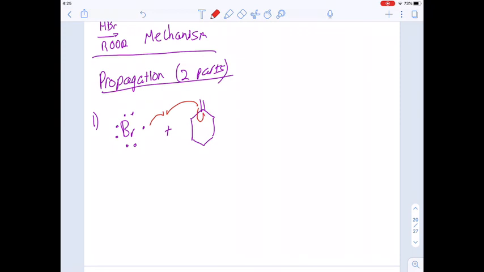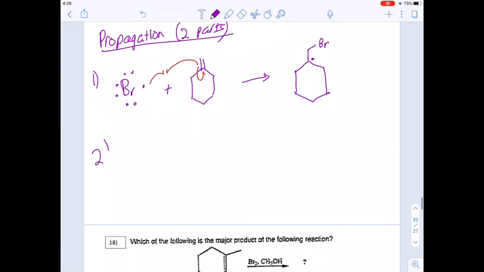In this case, we'll use the same example from our problem. What's going to happen is one electron from the double bond is going to form the bond with Br, and then one electron from the double bond is going to stay on that carbon. So you get this as your product.